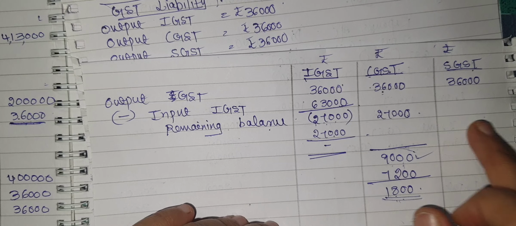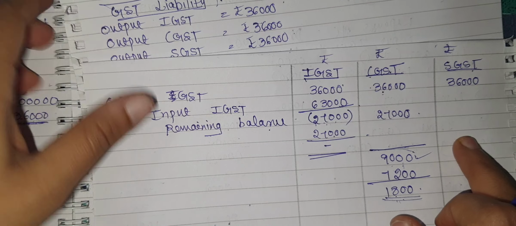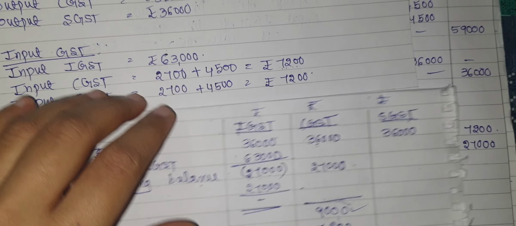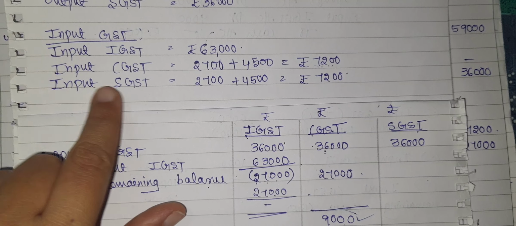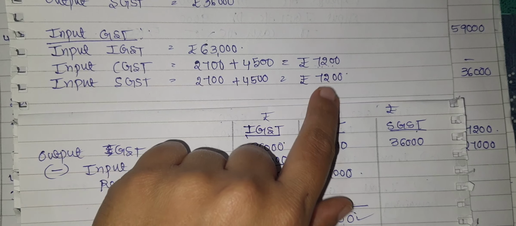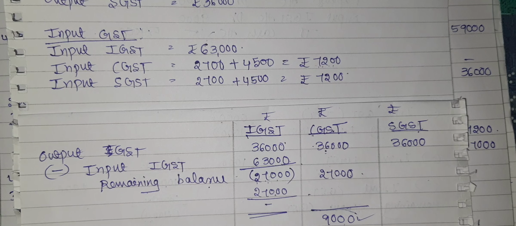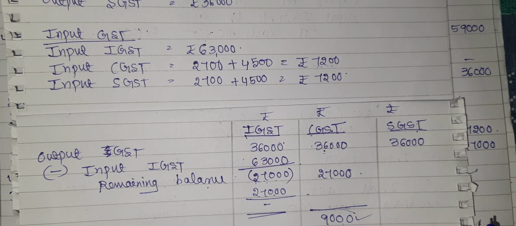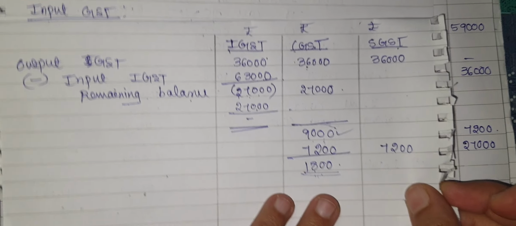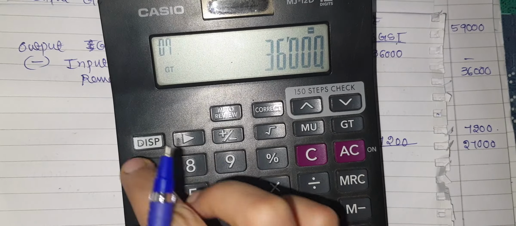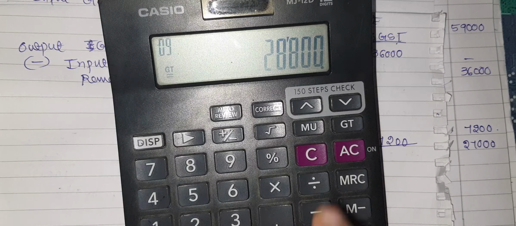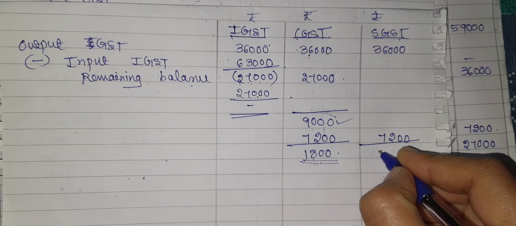Now we will see the set off of output SGST. See here, output SGST, the available input SGST, meaning paid on purchase, is rupees 7,200. So we will use the input SGST to be set off against output SGST. 36,000 minus 7,200, that is rupees 28,800.